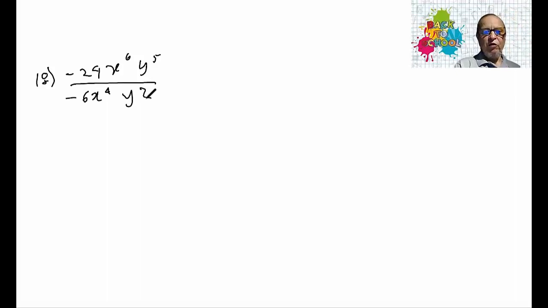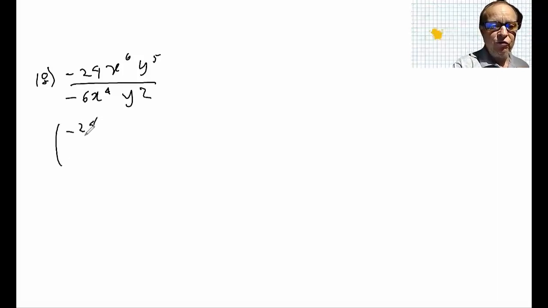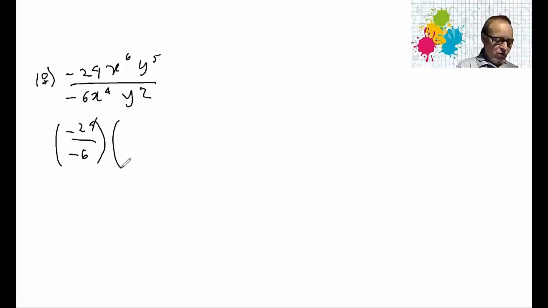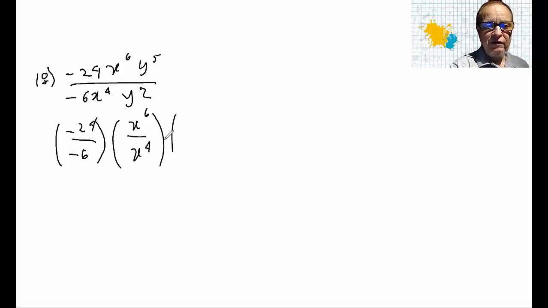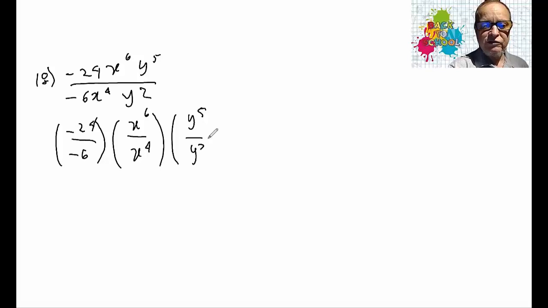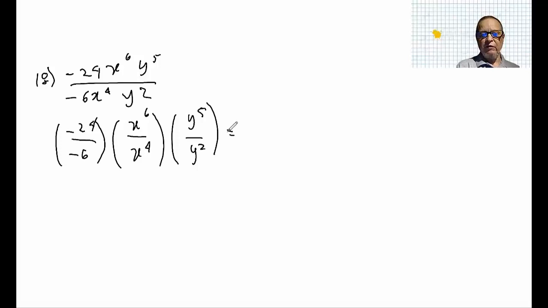Now, as before, we'll put our numbers in one bracket, negative 24, negative 6, and we'll put our x's in another bracket, x to the 6th, x to the 4th. Then we'll put our y's in a final bracket, y to the 5th, y squared. Then we'll work out each of them separately as we've done before.